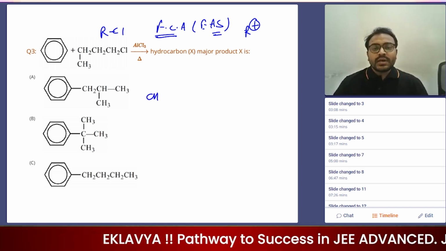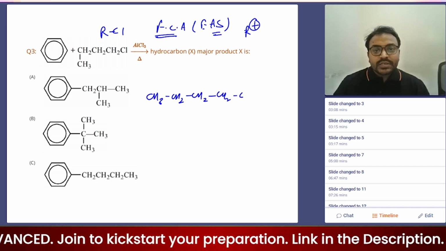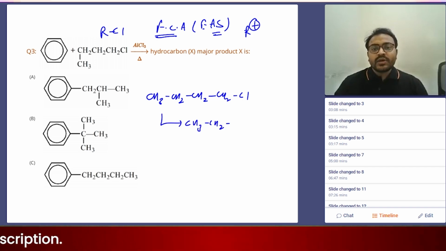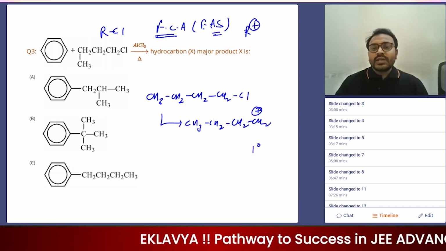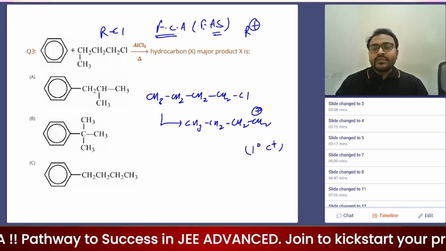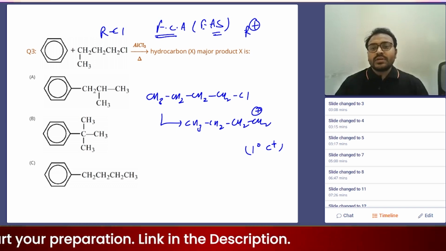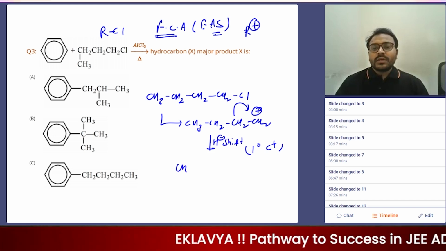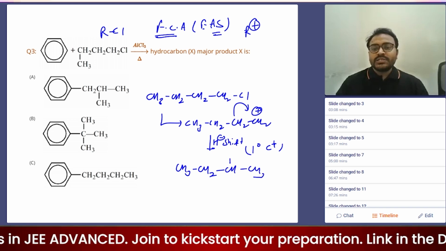But from this RCl, because we have this alkyl halide given, CH3CH2CH2CH2Cl, if we remove Cl from this, we'll get the carbocation CH3CH2CH2CH2 plus. But this carbocation is a 1 degree carbocation, and we know that carbocations can rearrange. So now there will be a shifting of hydride from this carbon to this carbon. After the hydride shift, we will get CH3CH2CHCH3.